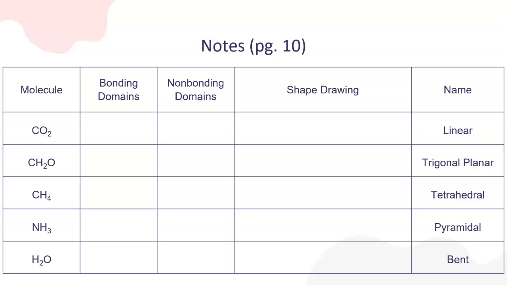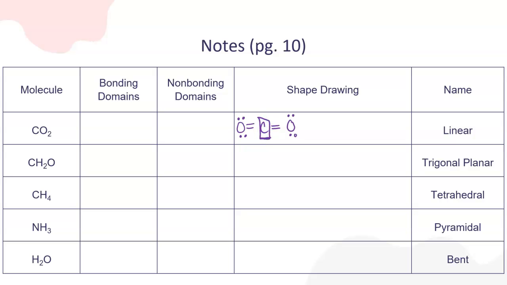So we are going to look at these molecules and compare them. First, you should always draw the structure out. We've drawn carbon dioxide multiple times, so I'm just going to quickly put it in. When we talk about bonding and non-bonding domains, it is always with regards to the central atom.